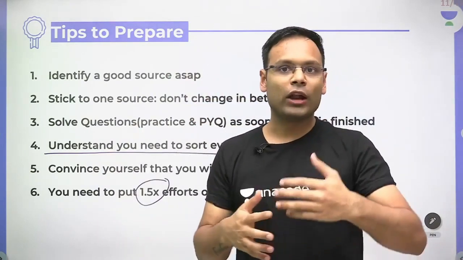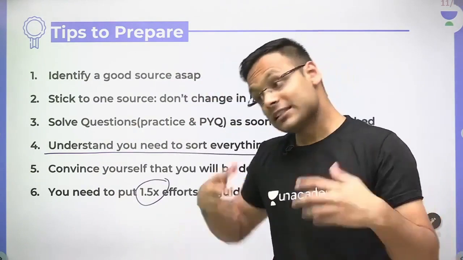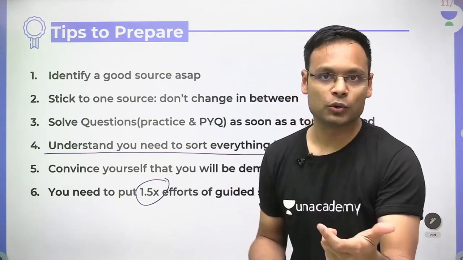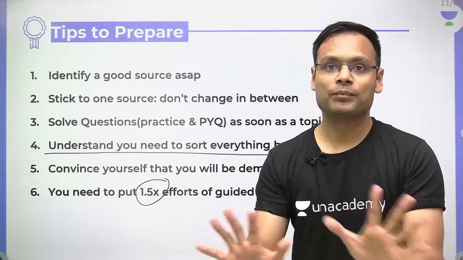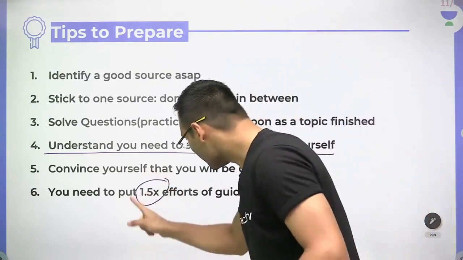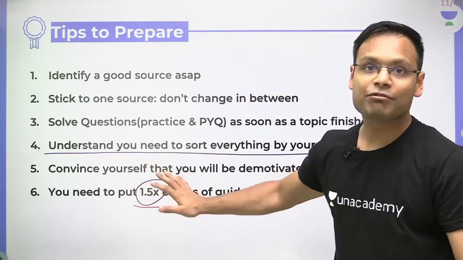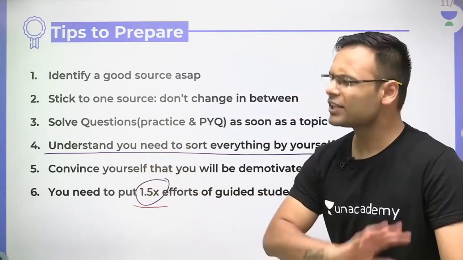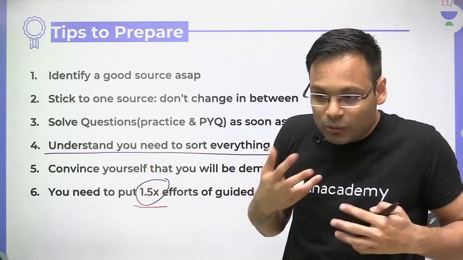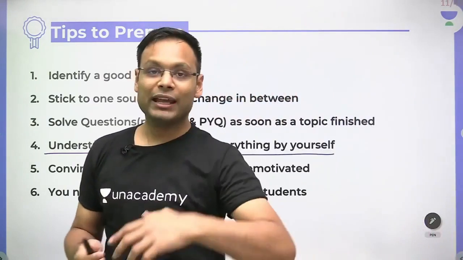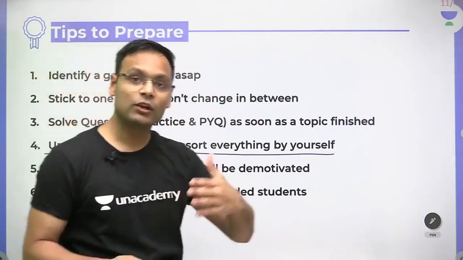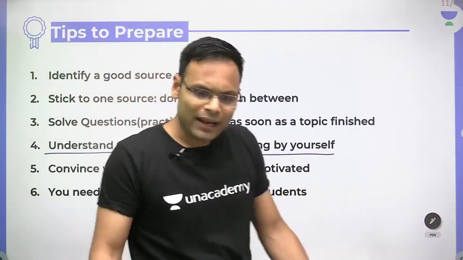Because of that, they don't have to put in extra time for the same amount of preparation which you will have to do. So you convince your mind that okay, if I have to put in 1.5 times, half times extra than the guided student, it's fine, just because we have taken the decision that I will go with self-preparation.